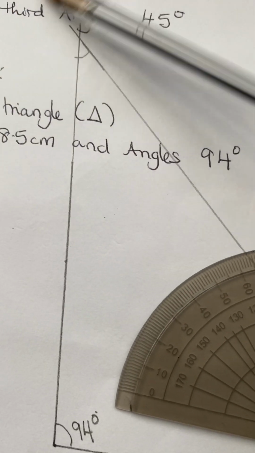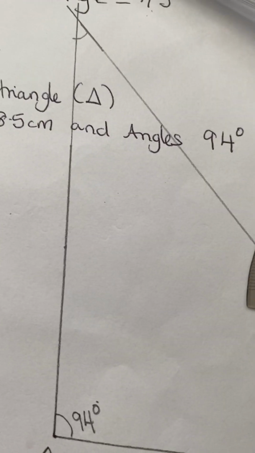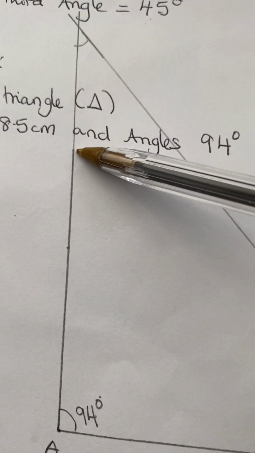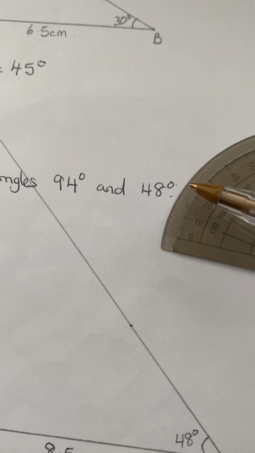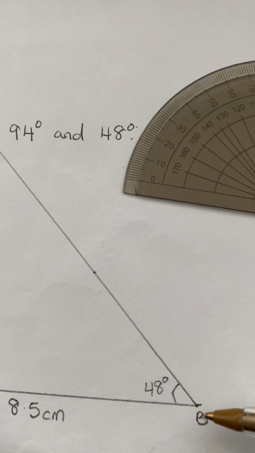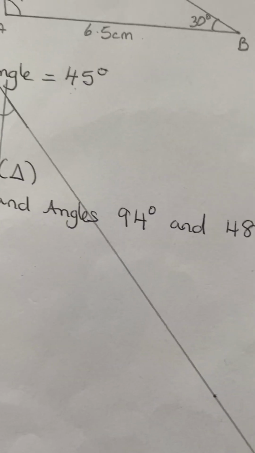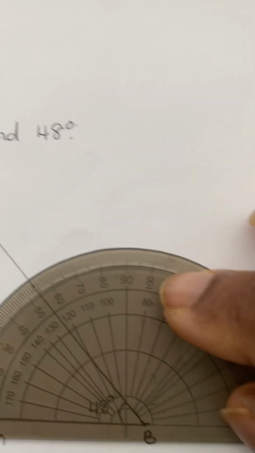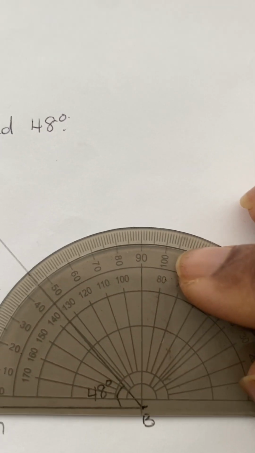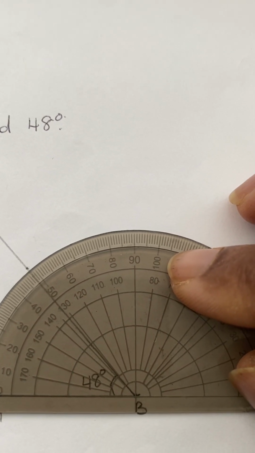I use a ruler to extend the line. As you can see, first I extended the line from here, and then I measured 48 from this reference point B. So you need two ends of the line. So here again, 48.